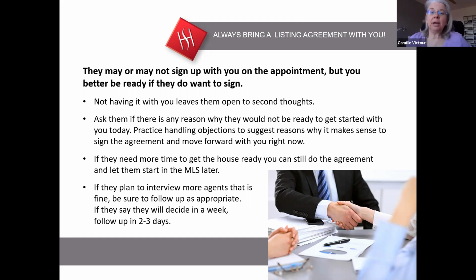And do you have confidence that I'm going to do a good job marketing your home for you to get you the best possible price? Well, yeah, we do, but we promised this other Berkshire Hathaway agent a chance at the listing too. You know, you can argue a little bit, but you can't beat them over the head and you can't force them. But there are things you can gently say, like, well, what would it take for you to be confident in hiring me?